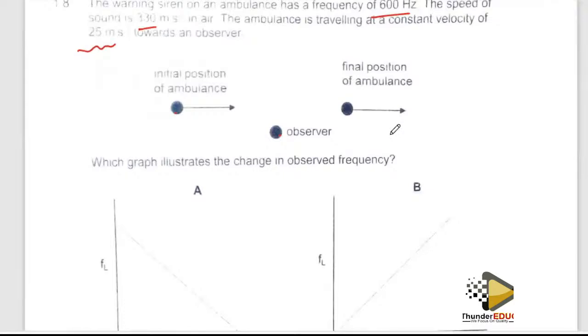One thing we know from the Doppler effect is that when the ambulance approaches, the observed frequency is going to be higher. And then when the ambulance leaves, the frequency is going to start dropping. So which graph illustrates the change in the observed frequency?